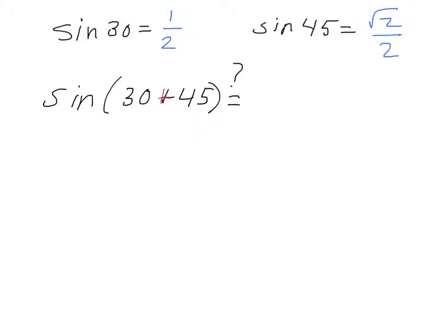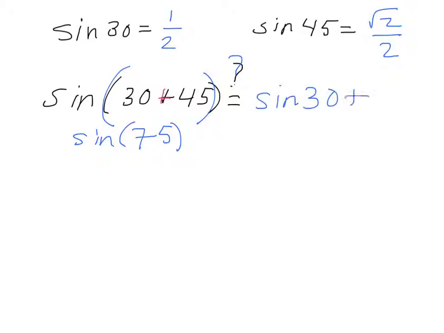A natural question then, when we do the sine of 30 plus 45, which is really just 75, so that's actually what we're finding here, sine of 75. A natural question here is to ask yourself, will that equal the sine of 30 plus the sine of 45? I know you're thinking kind of like distributing the sine.